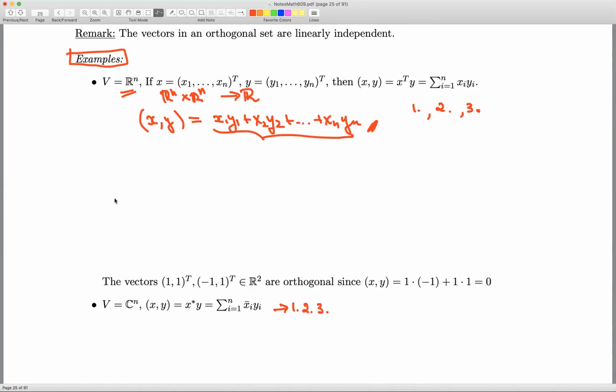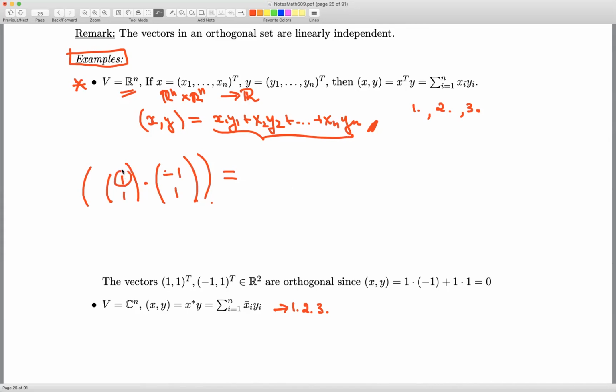Now, if we look at the space R2, and at the vectors 1, 1 and minus 1, 1, and compute the inner product of these two vectors, this is the inner product defined right here and that you probably know from calculus.